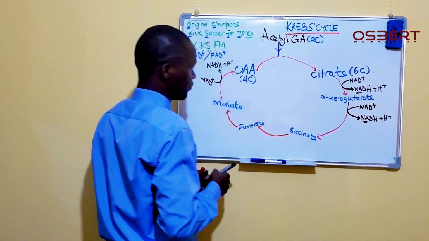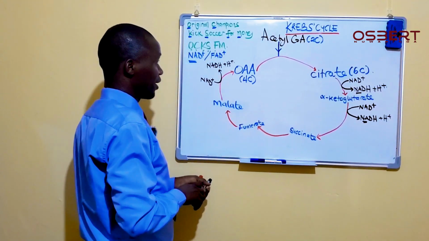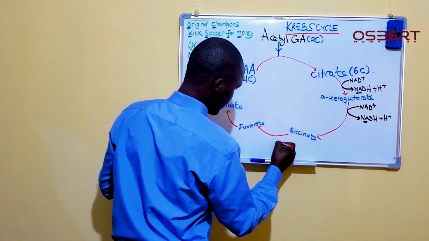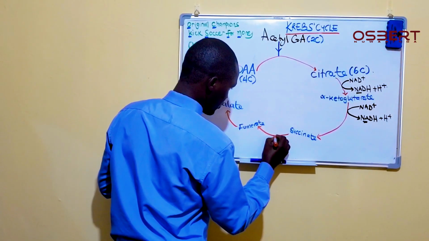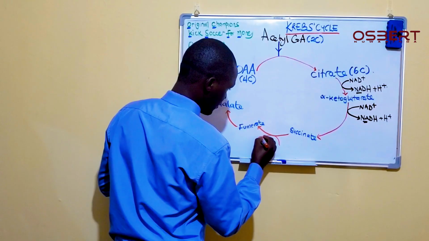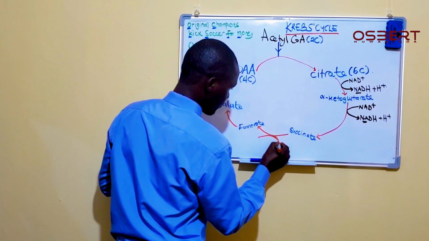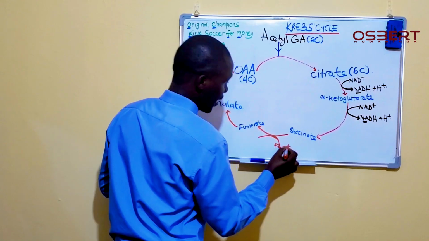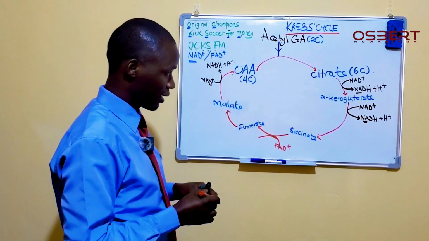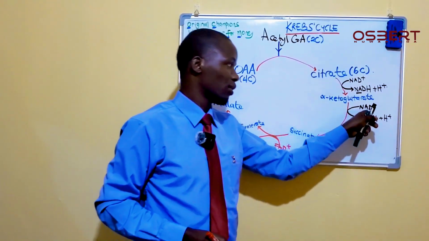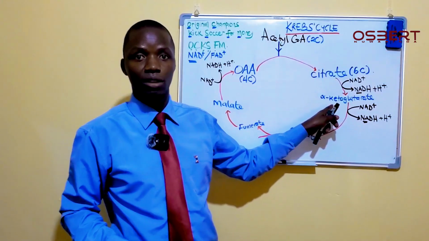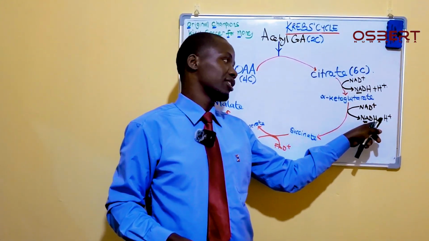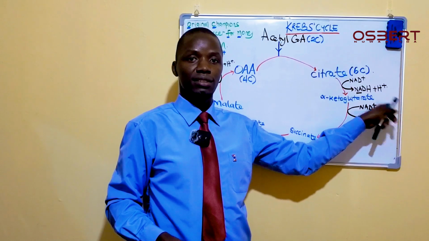Therefore this is what is going to happen here. So here FAD is going to help us. So this FAD, which is now FAD plus, unlike NAD plus. For the case of NAD plus, once it picks electrons and protons, as I explained, it will form NADH plus hydrogen ions.